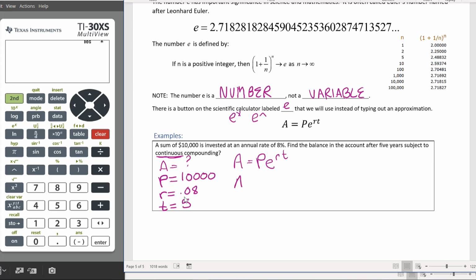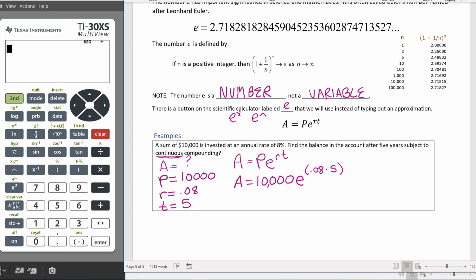So when I plug it in, I get A equals 10,000 e, that's just the number e, raised to the rt. So the r is 0.08 times t, which is 5. Notice I put this in parentheses because I need both of those things up in the exponent.